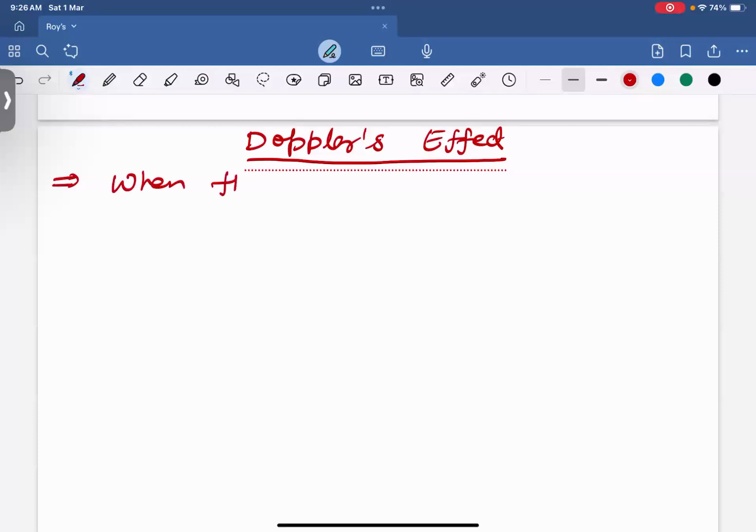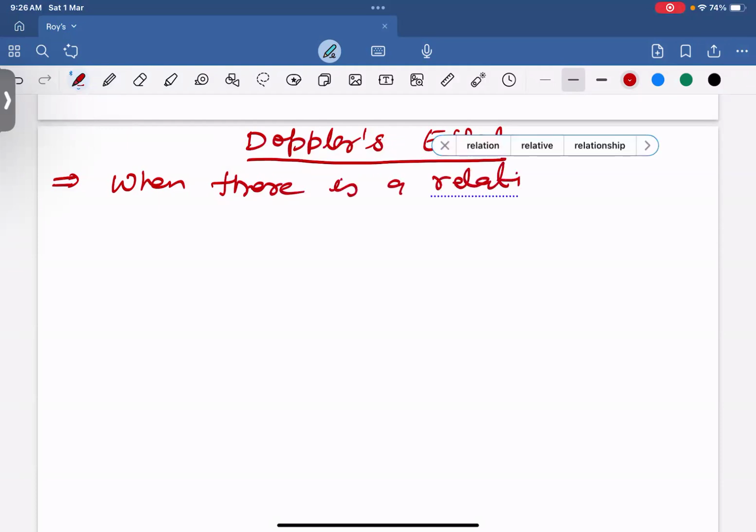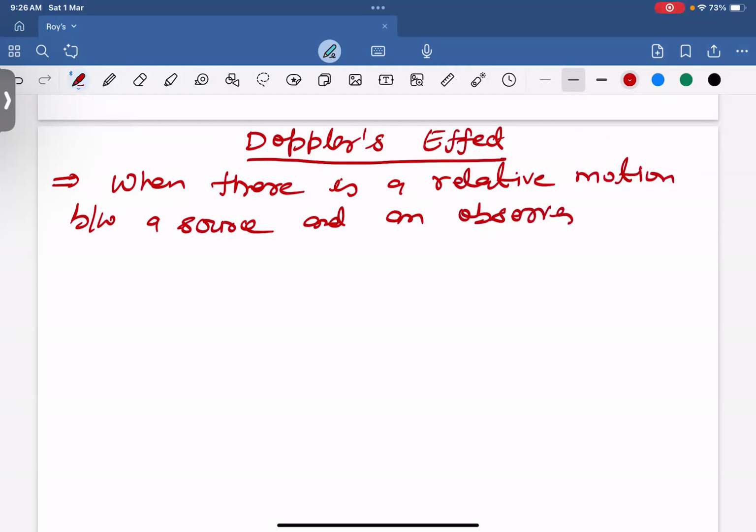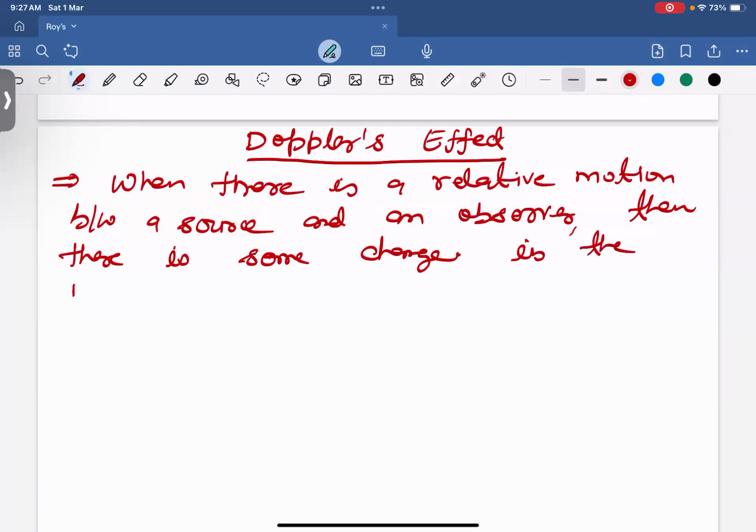When there is a relative motion between a source and an observer, then there is some change in the frequency heard by the observer.